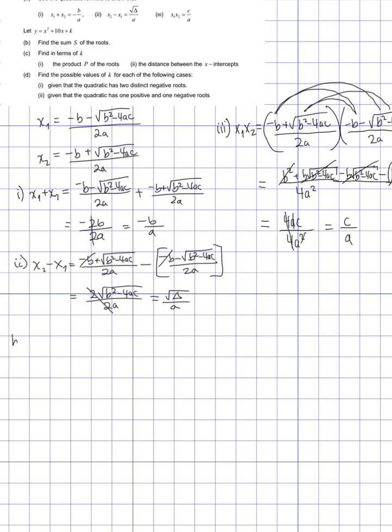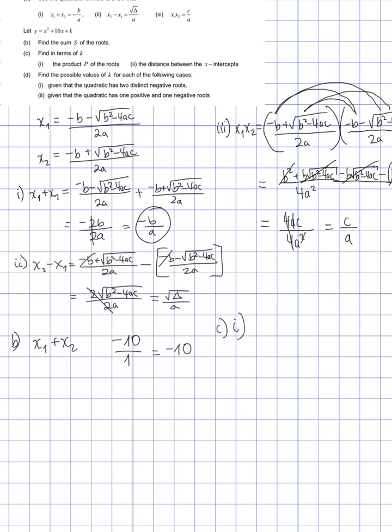Okay, so for part b, find the sum of the roots. The sum of the roots, x1 plus x2, we showed is negative b over a. So we're going to have negative 10 over 1, so negative 10 is the sum of the roots. For part c, find in terms of k the product of the roots.